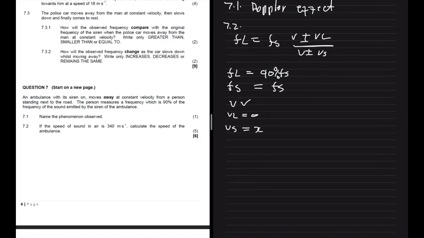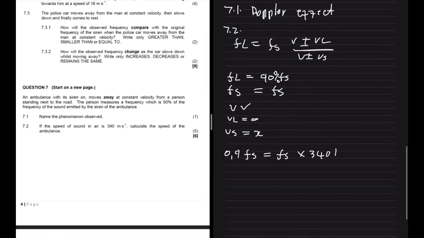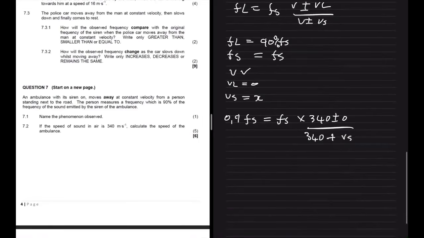FL is 90% of FS, so that's 0.9 FS, which equals FS itself multiplied by 340, the observer is stationary so plus or minus 0, over 340 again, and the source is moving away. If it's moving away, we have plus on the denominator. If it was moving towards, we'd have minus on the denominator. So plus VS.